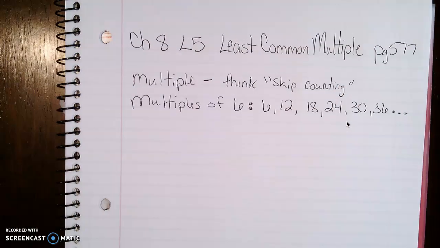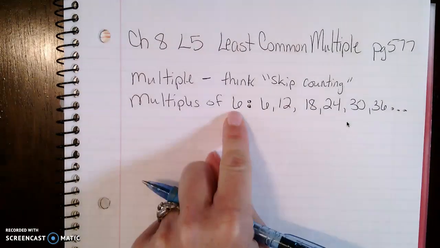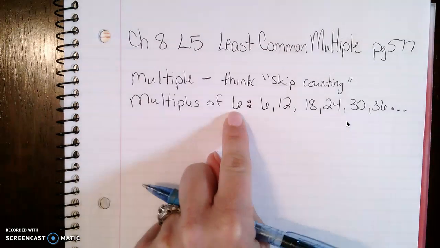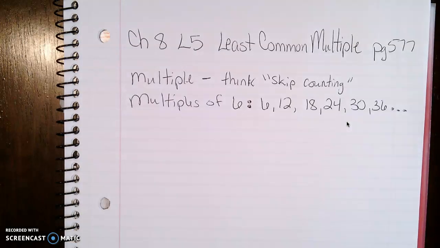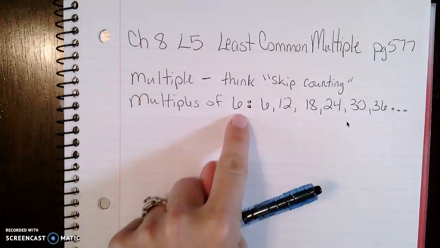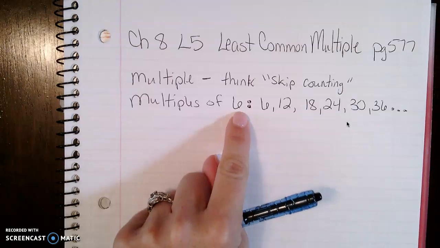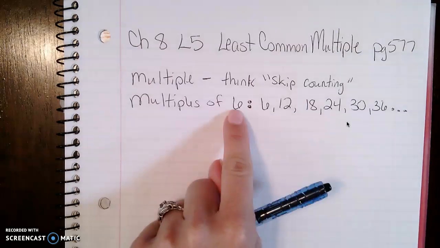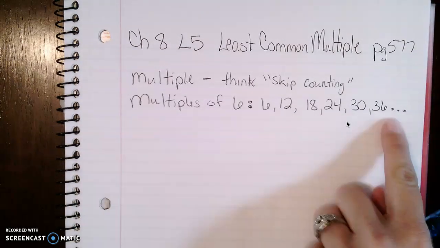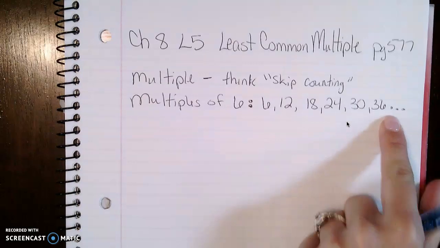And there are a countless number of multiples of 6, because I could do 6 times a million. 6 million is a multiple of 6. I can multiply 6 times any number and get a multiple of 6. So multiples go on forever, where factors are limited. There are only certain numbers I can multiply together to make a 6, but I can multiply 6 by anything to get multiples of 6.